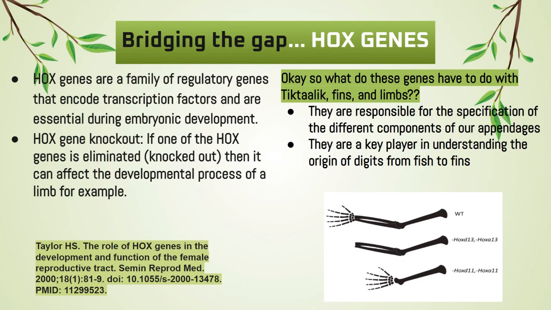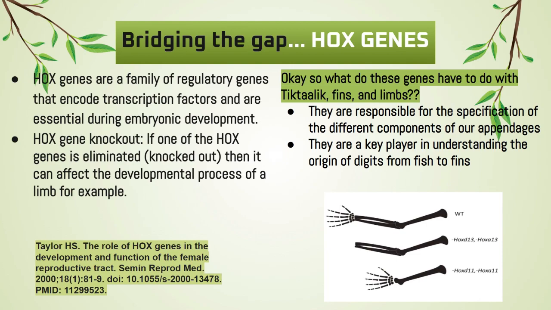For example, the image on the bottom right-hand corner is a wild-type mouse arm. The first image has 3 specific sections. We have that top part of the arm, the middle section of the arm, and the hand itself. If one of the Hox genes were eliminated, say the Hox13 gene, then there would be no hand that developed. It would just be an arm without a hand.